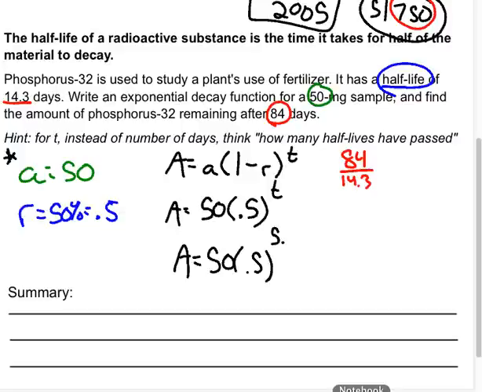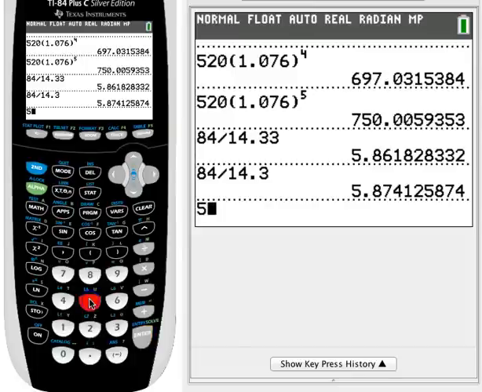So for t, that is what we're going to use, okay? Because when it's half-lives, you need to determine how many half-lives have passed. So you take the number of days you have, divide that by the half-life, and that gives you how many have passed. So now, to finish off this calculation, 50 times 0.5.